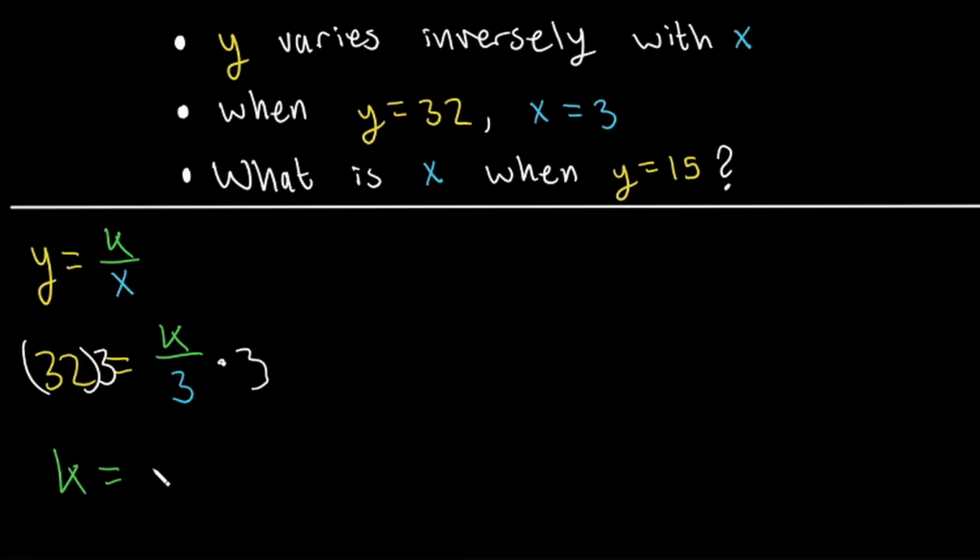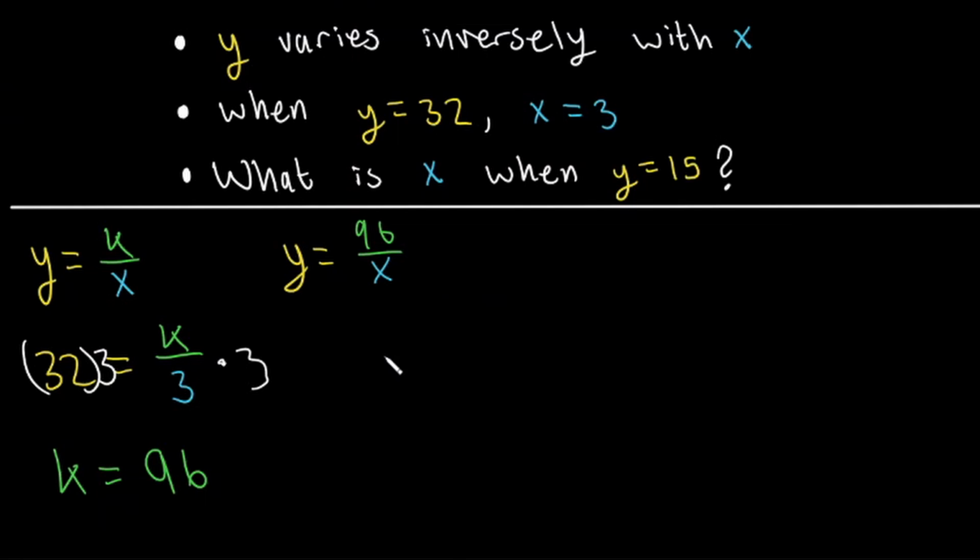That is going to be 96. So k is equal to 96. So let's put k into our proportion here, and we will get y is equal to 96 divided by x.